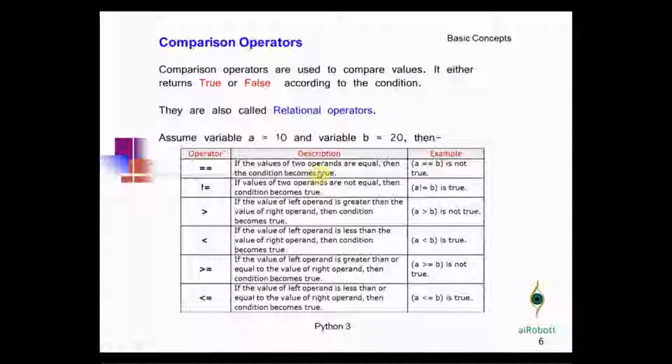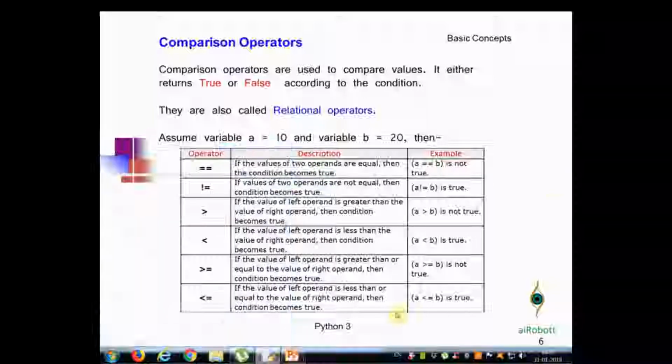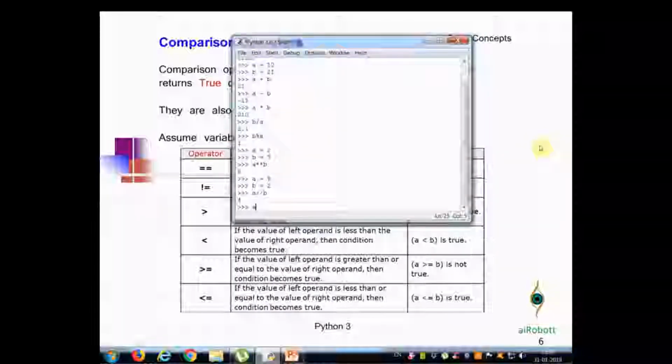Okay, go to IDLE. Let us take one example here. Let us assume A equal to 10 and B equal to 20. A double equal to B: is it true or false?